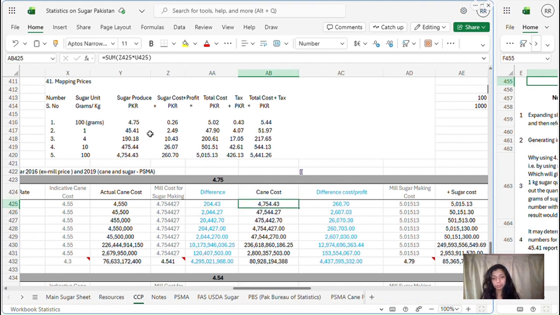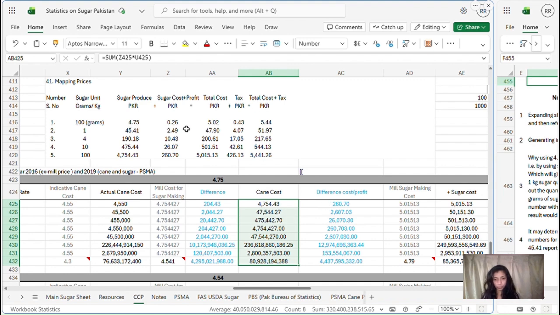It means the price of cane that is required to produce 100 kgs of sugar, so that can be called the cane cost. Here this column is 4754.